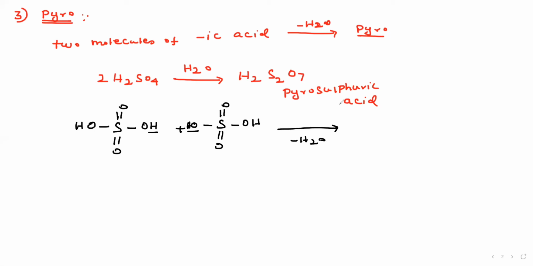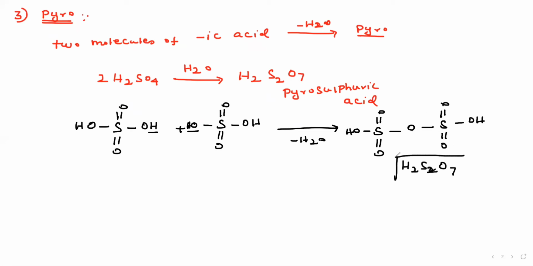They form pyrosulfuric acid: O double bond S double bond O, then O bridging to S double bond O and double bond O, then OH and OH. This is H2S2O7: 1, 2, 3, 4, 5, 6, 7 oxygens. This is pyrosulfuric acid. Very simple, right?